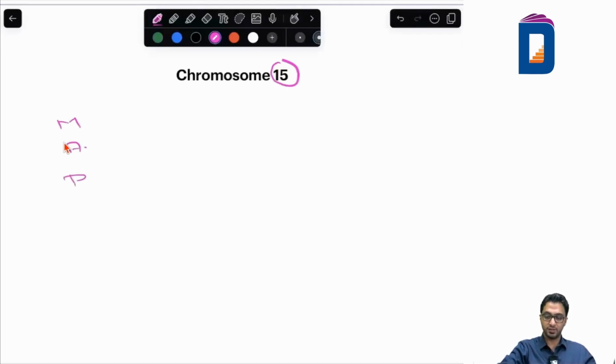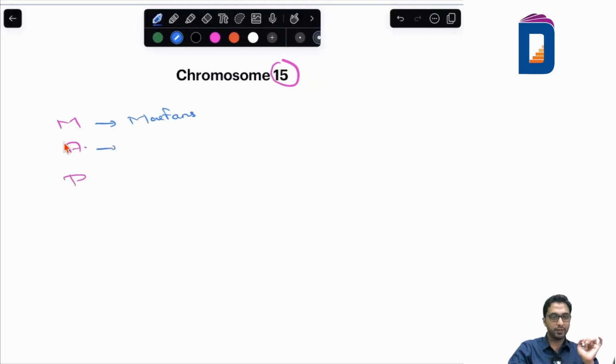What are the other lesions? M is for Marfan's. I'll give you a clue: they are the lesions associated with genomic imprinting. Genomic imprinting, no revision. One starts with A and the second starts with P.